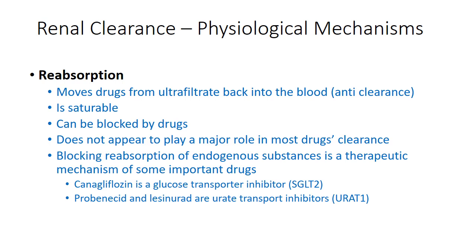So both of these transporters here are in contact with the ultrafiltrate of the urine forming, and there are drugs that can block them. That's an example of drugs affecting natural things, glucose and urate, whereas of course drugs can affect each other as well on the kidney transporters.